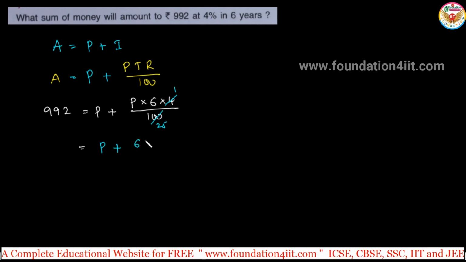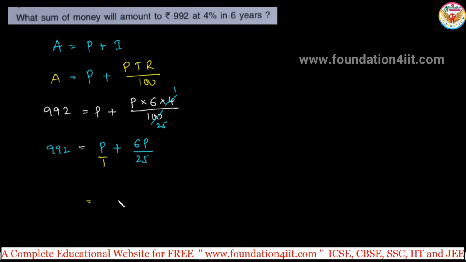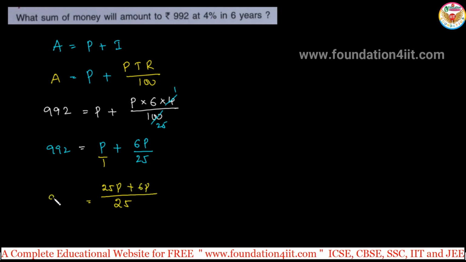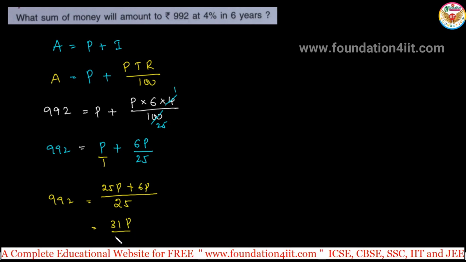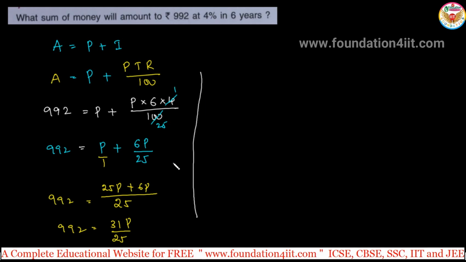So this is 6 into P, 6P by 25, plus P is 992. Just take the LCM here, with 1, that means 25. So 25P plus 6P by 25 is 992. 25 plus 6 is 31P by 25 equals 992.